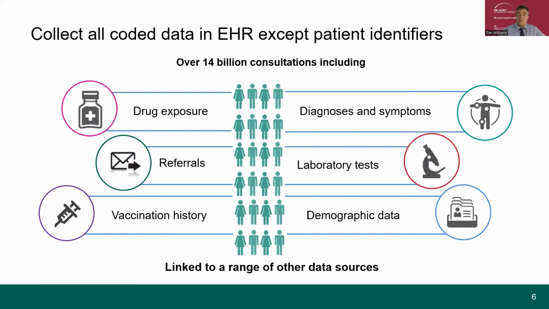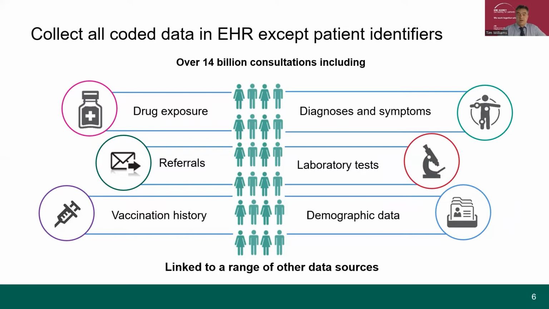We get year of birth, but not date of birth. We receive gender, and information on consultations, but only coded information, and we don't receive any free text as it may contain identifiers.